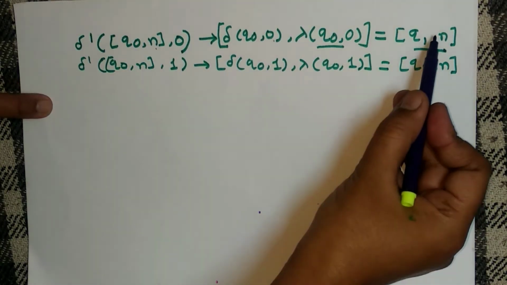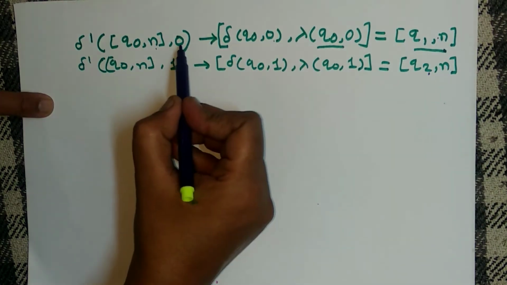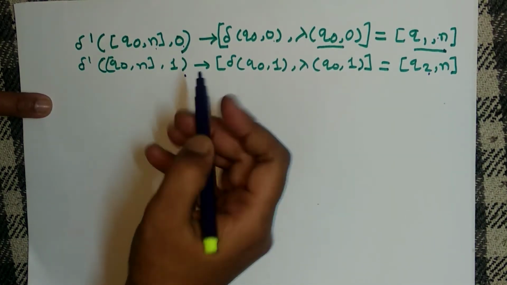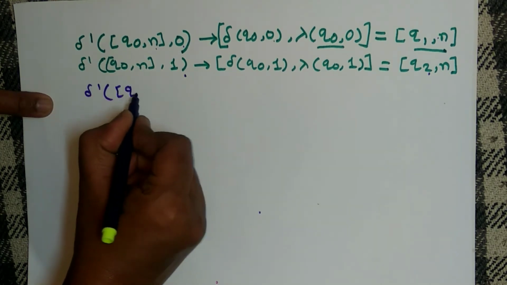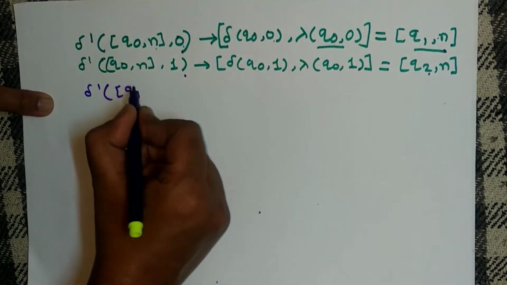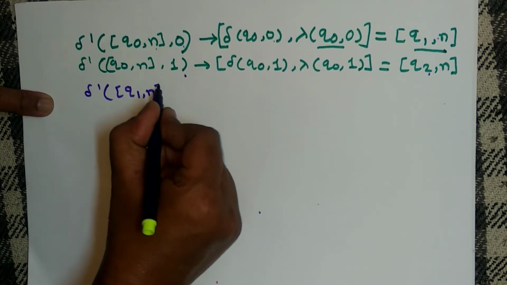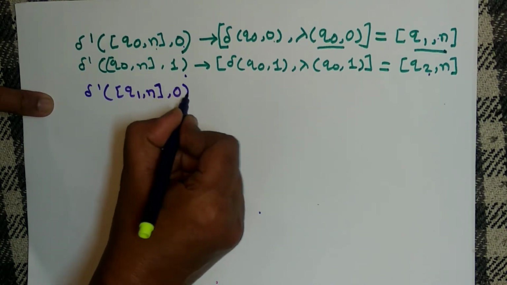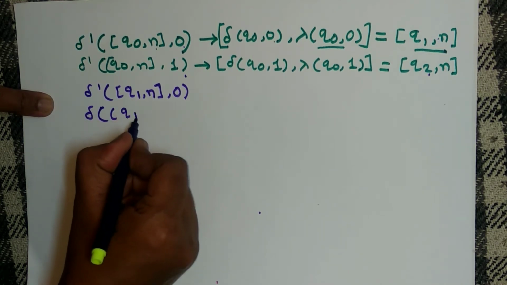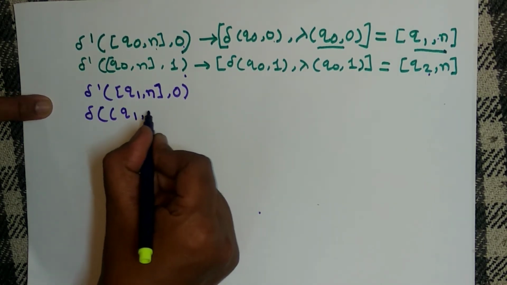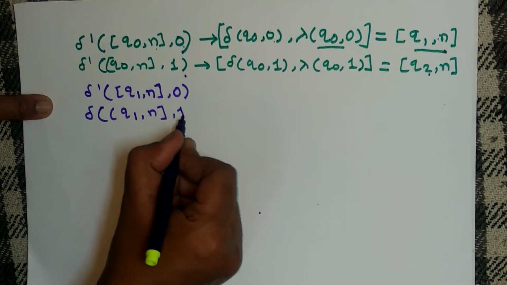So, use this new state combination over the 0 and 1. See, delta dash Q1, n over 0 and delta dash Q1, n over 1.